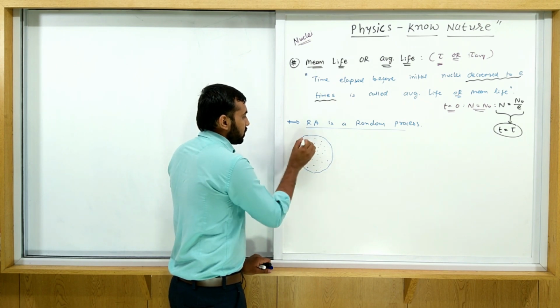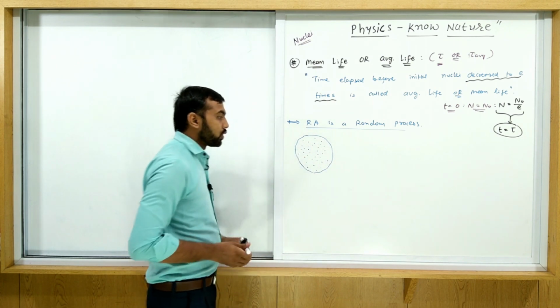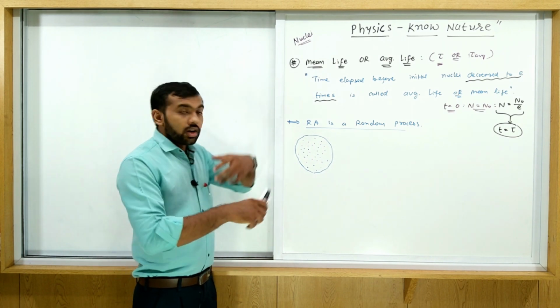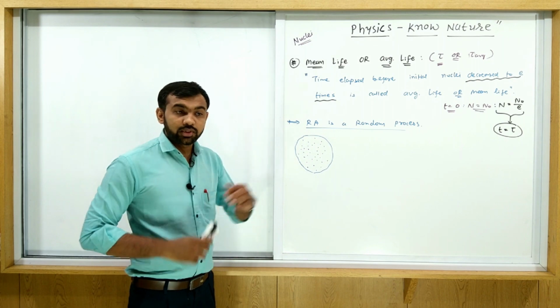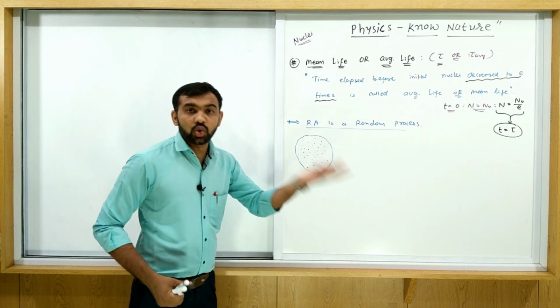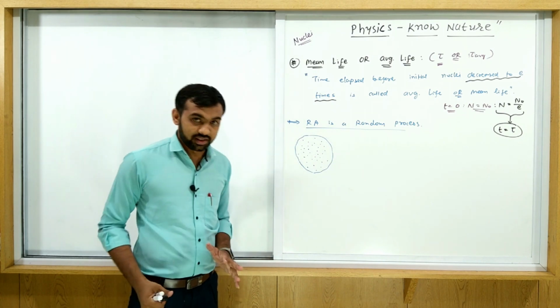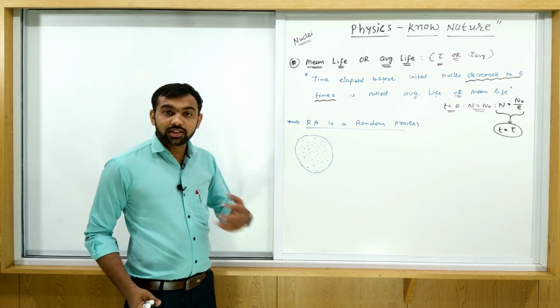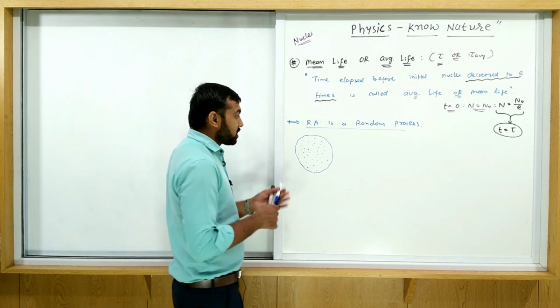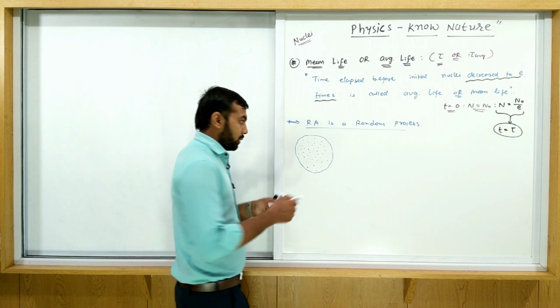All are radioactive nuclei, but they do not all disintegrate at a time. They disintegrate one by one. Which one disintegrates first or last is just a matter of chance. If any nucleus gets a chance, then it disintegrates.